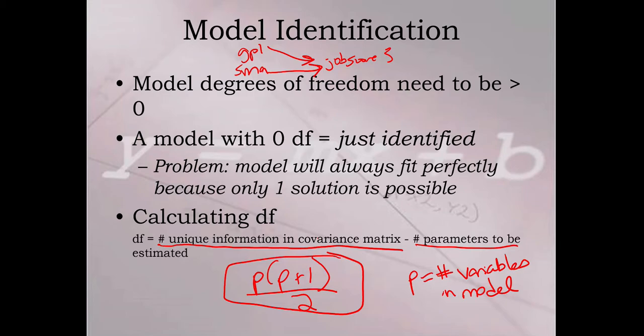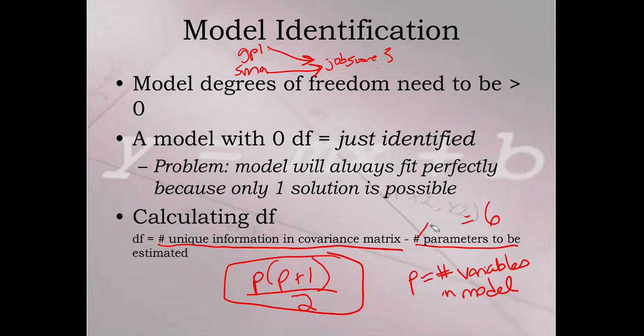Yes, 3 variables: GPA 1, SMA, and job score 3. So if we put that 3 into this formula, we have 3 times 4 divided by 2, which is equal to 6. Okay, so we have 6 unique pieces of information in this model.